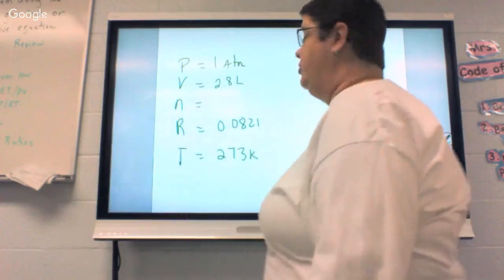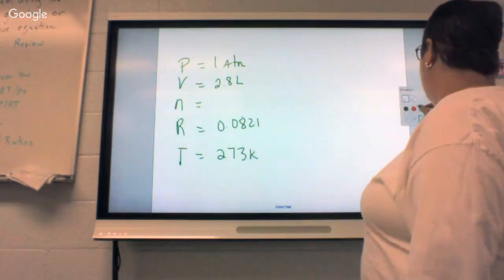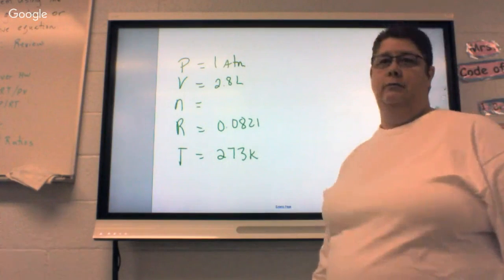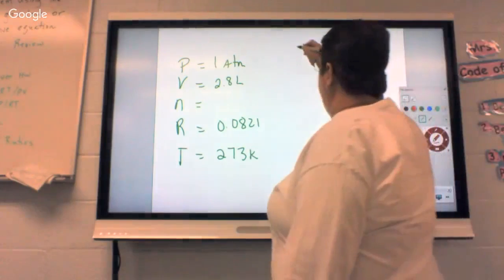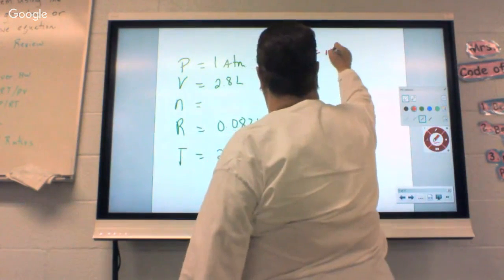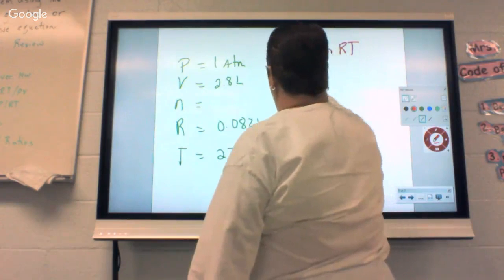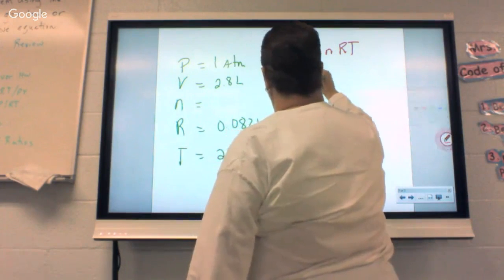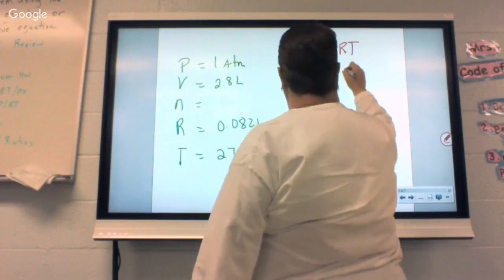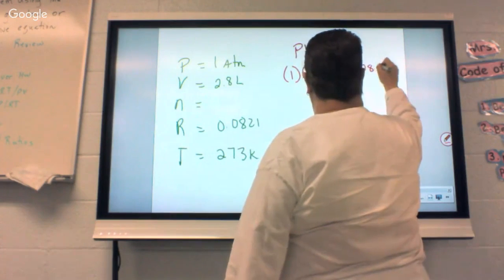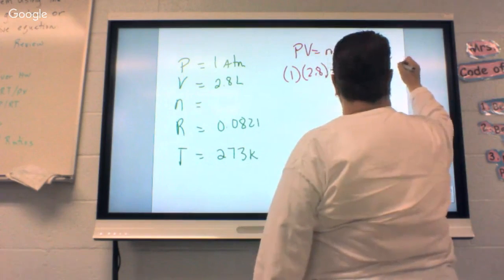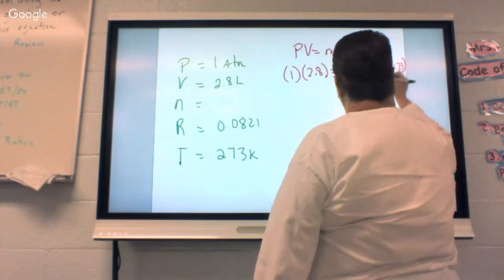So remember what I told Sheena a second ago. If we're solving for mass, we're always finding what? Grams. So we're solving for PV equals nRT. Pressure is 1. The volume is 2.8. And we don't know n. R is 0.0821. Temperature is 273.